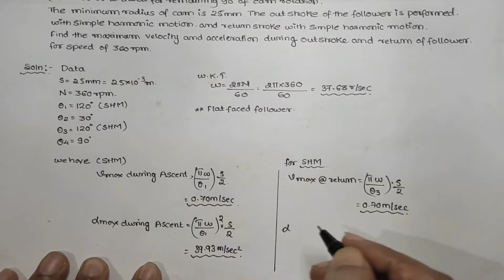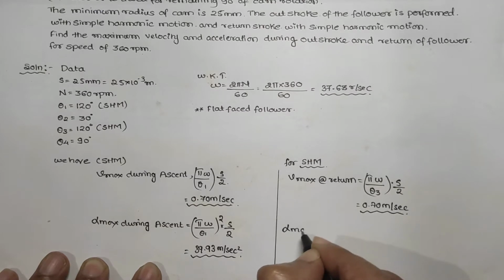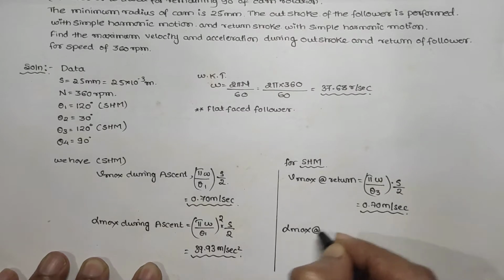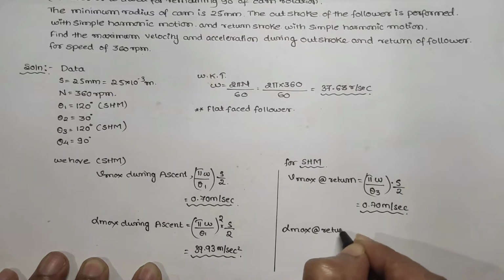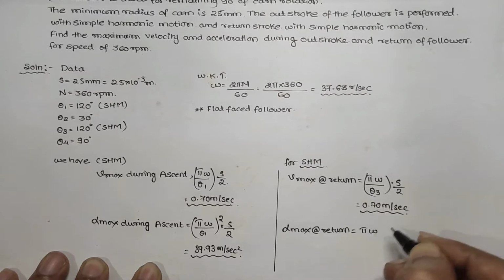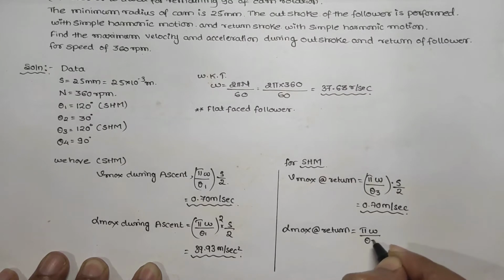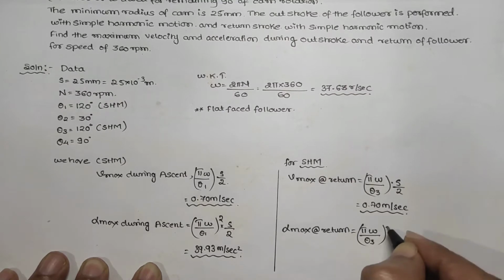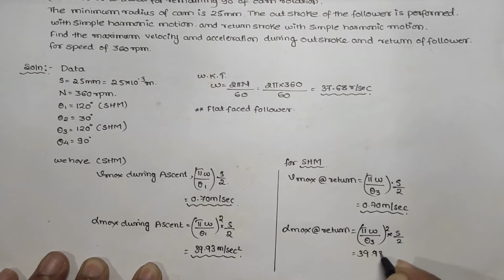Then alpha max at return equal to pi omega by theta 3 to the power 2 into S divided by 2, equal to 39.93 meter per second square.